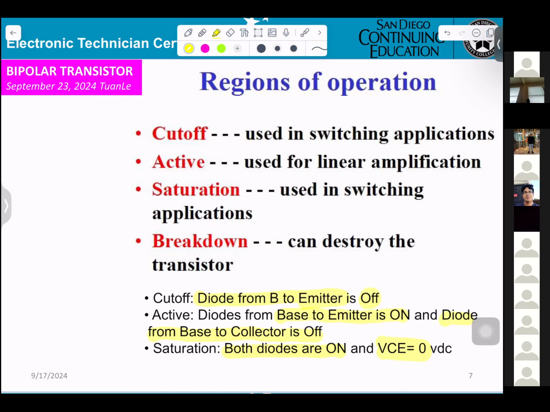And finally, for saturation, both diodes will be on, and VCE equals 0. That you need to go over. When they ask you, you can answer easily.